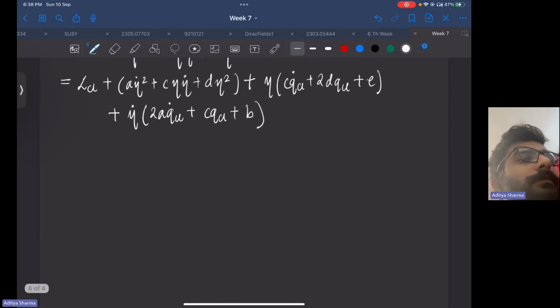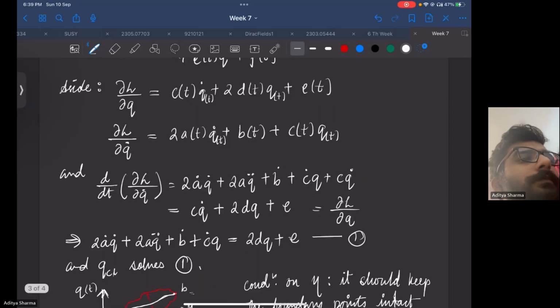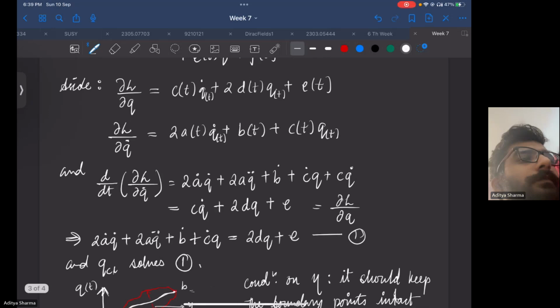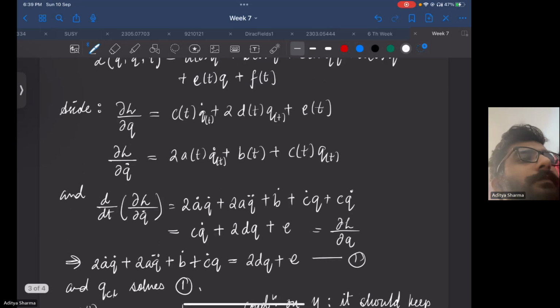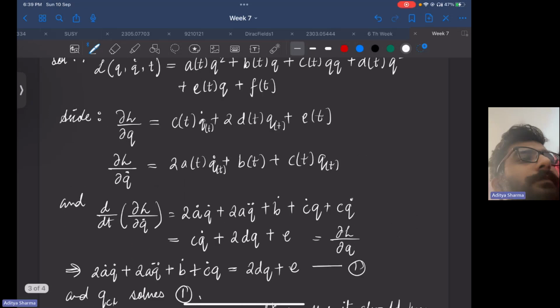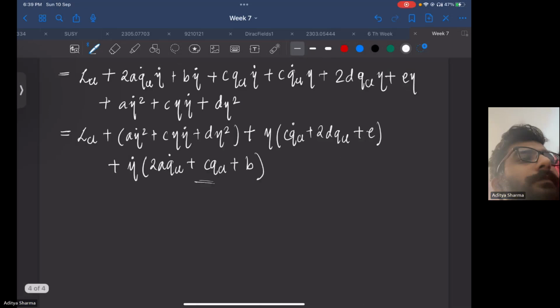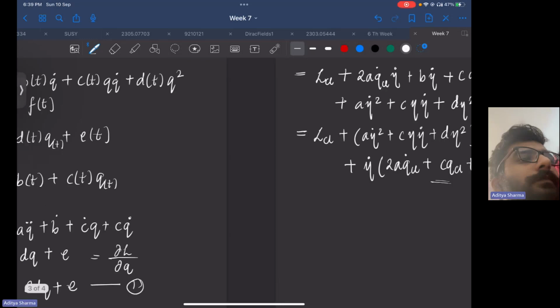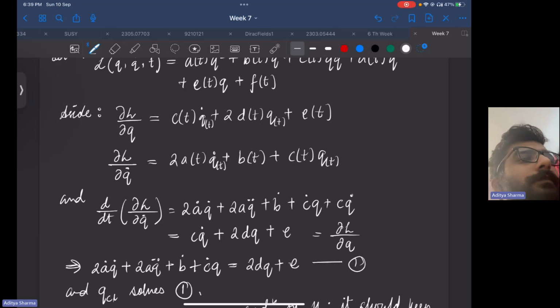Well, the way to see it is, let us take this part, and we are going to have 2a q classical plus c q classical plus b, which is 2D q plus e plus c q dot, c q dot plus 2D q plus c.